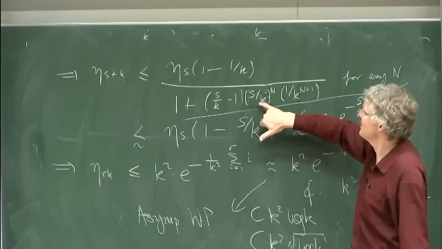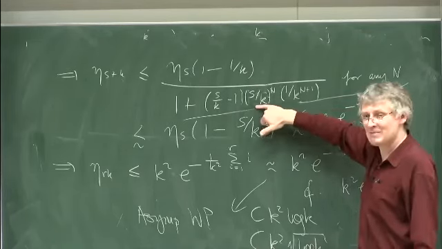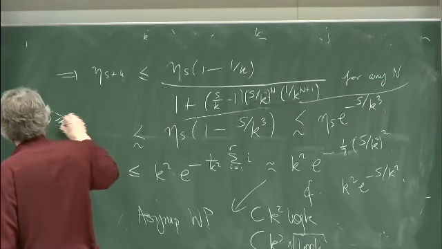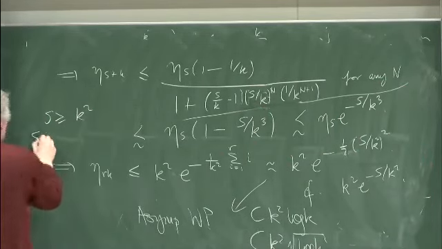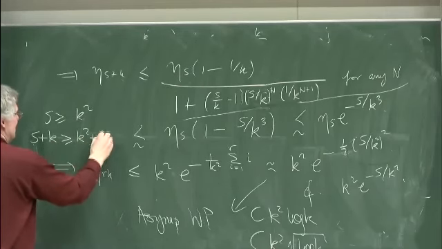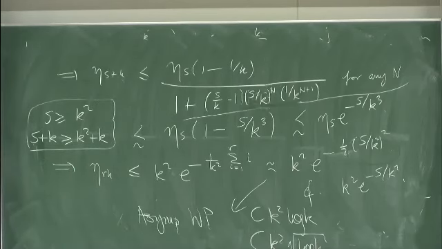So if this is smaller than k squared, then I don't really win very much here. And remember that the moment that I'm actually estimating involves 2s plus 2k variables altogether. So that's where the k times k plus 1 comes from.